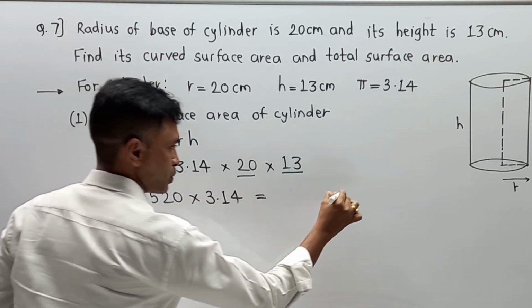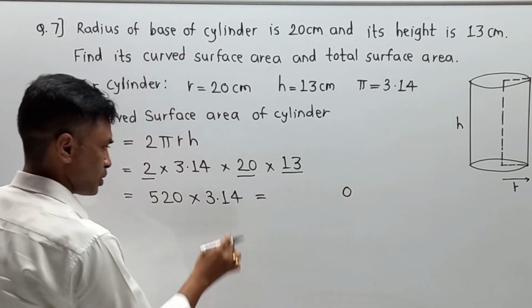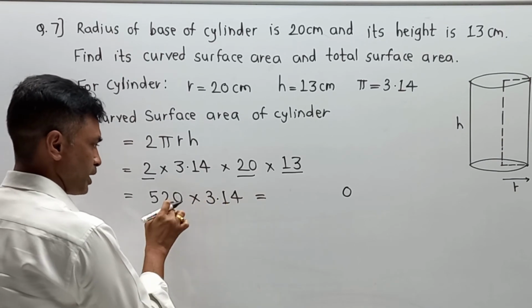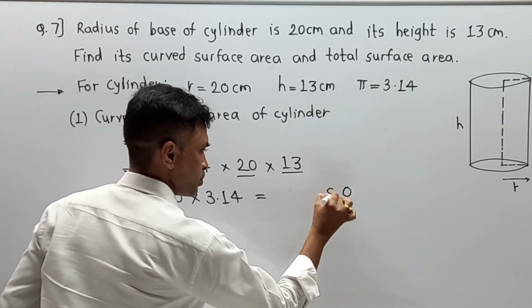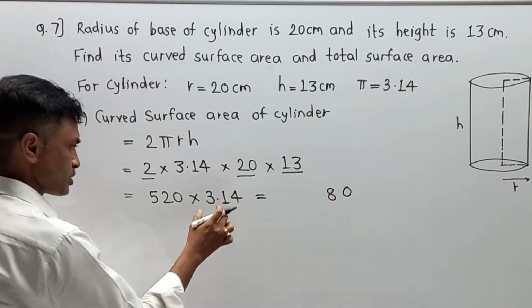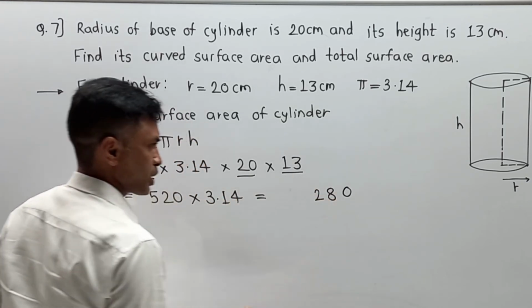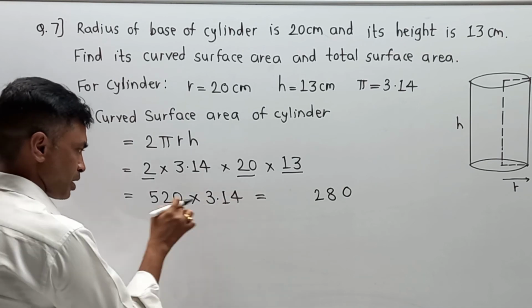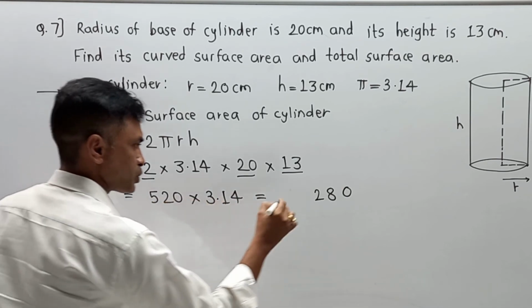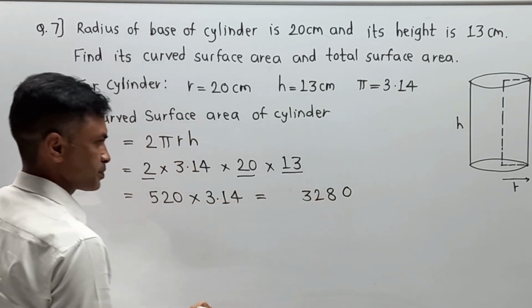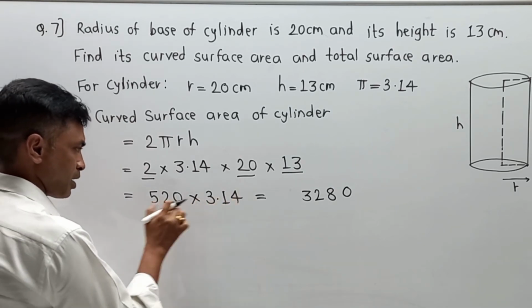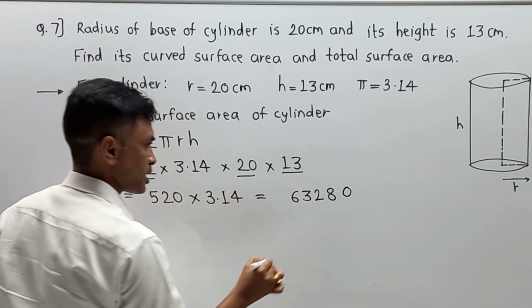Now 4 into 0, 0. 4 into 2, 8, plus 0 means 8. Next, 12 means 2, carry 1. 12 plus 1, 13 means carry 1. 5 plus 1, 6.